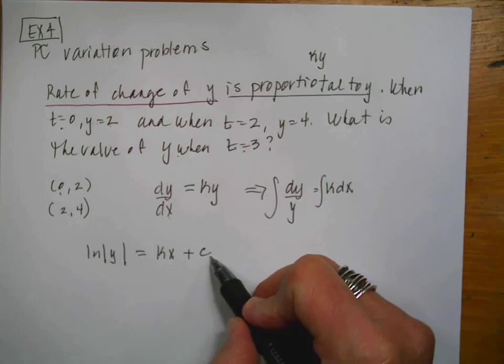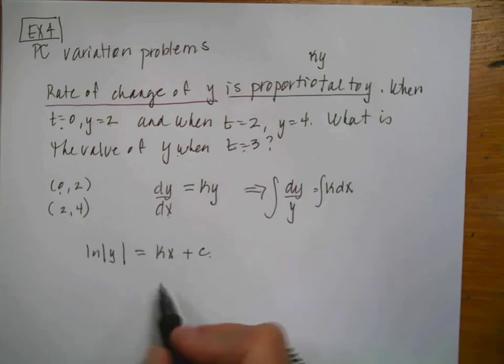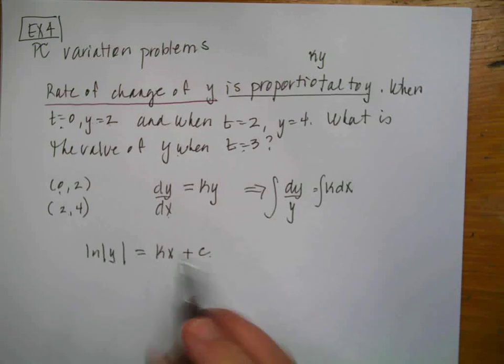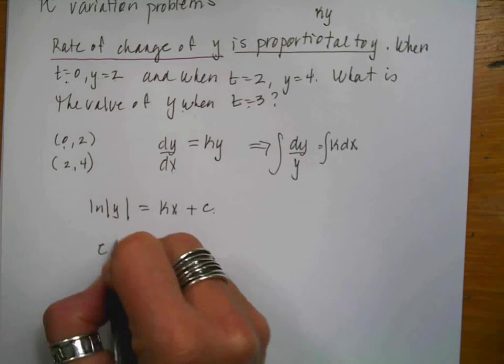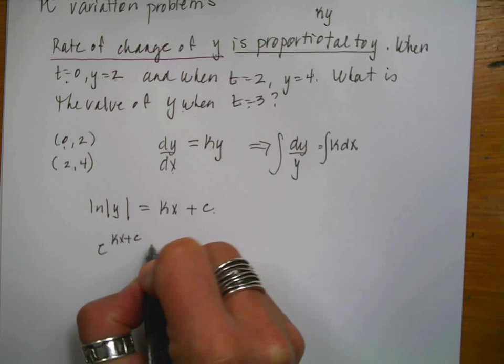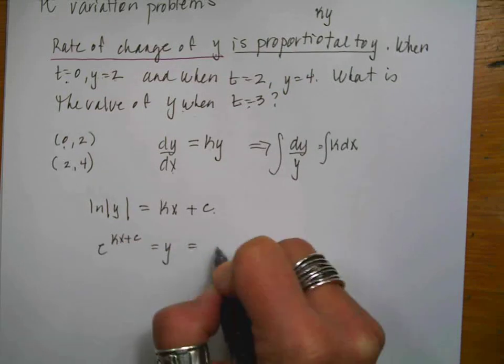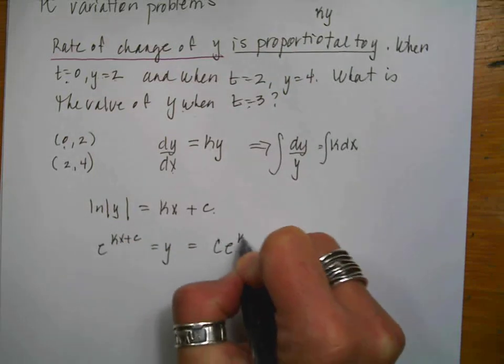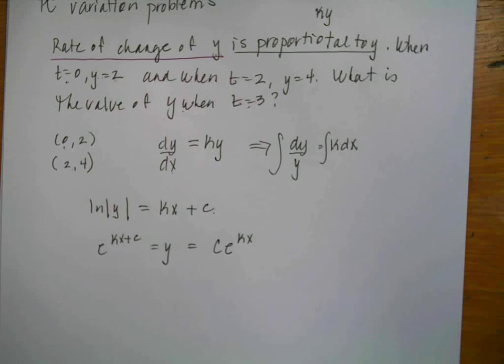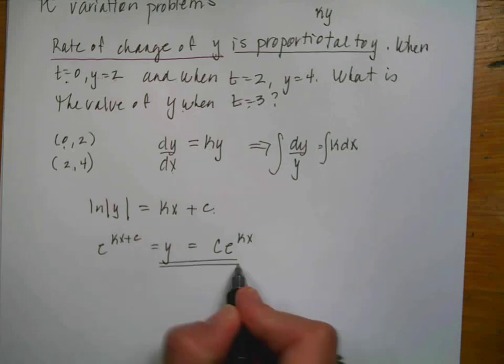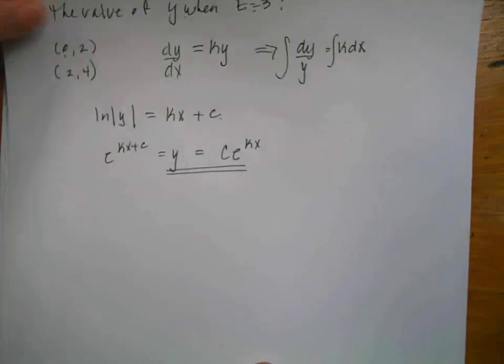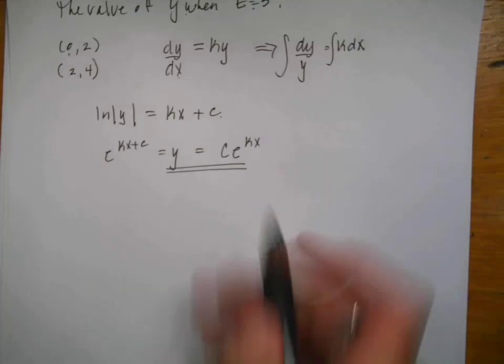So remember, this is a constant, and then this becomes my constant of integration. I'm going to go back to my exponent form, e to the kx plus c is equal to y, which is equal to c e to the kx. So basically what we've just done is we've developed the growth model equation using some calculus. So that's cool. Alrighty, so there's our model.